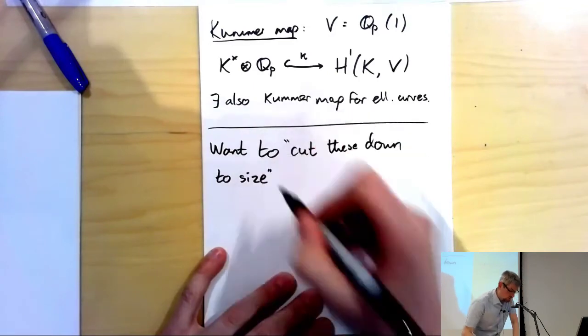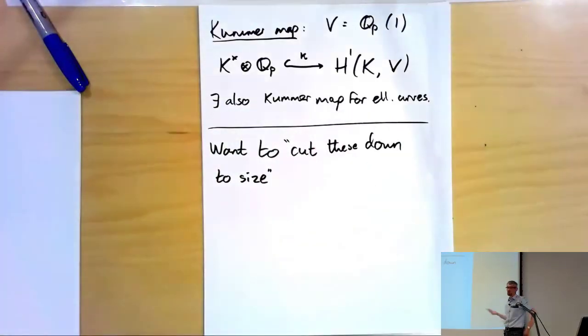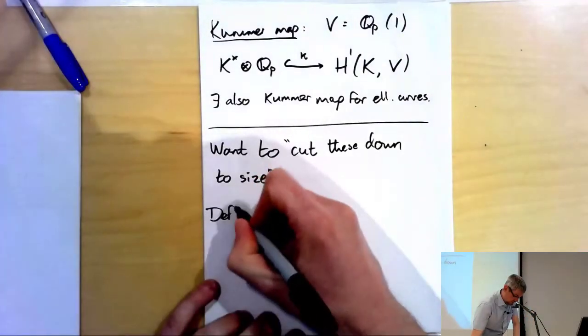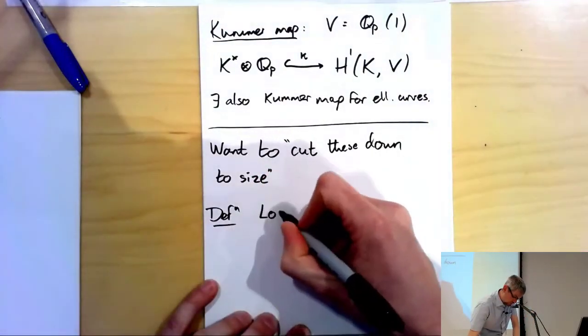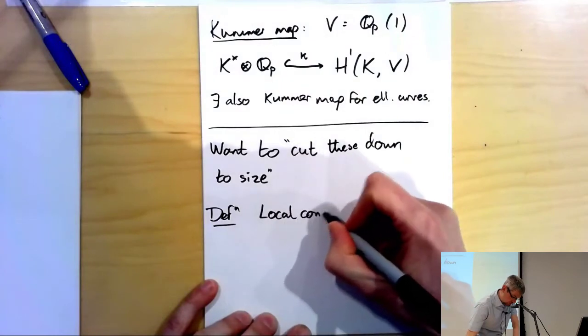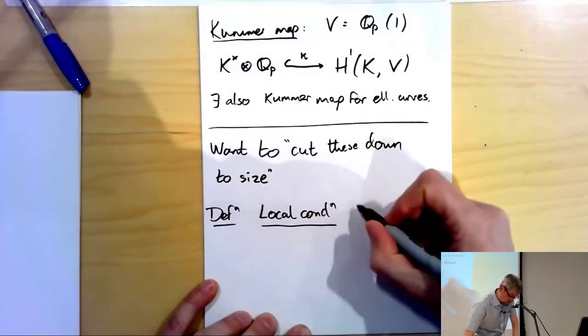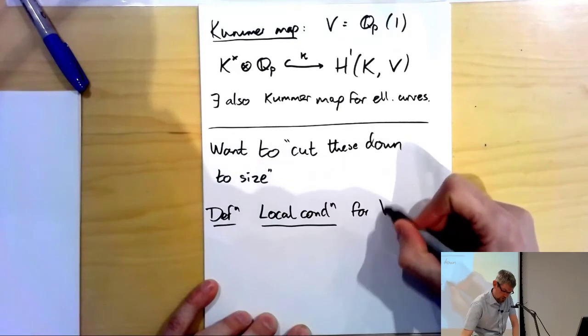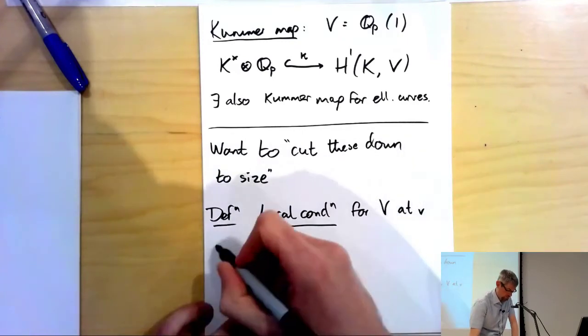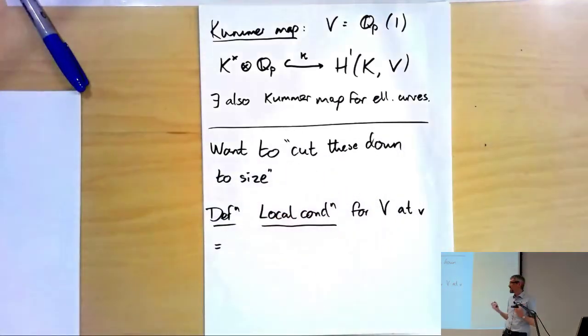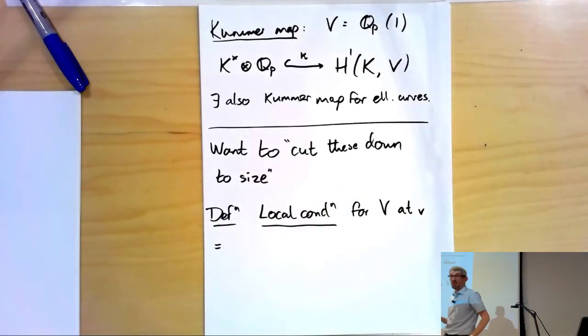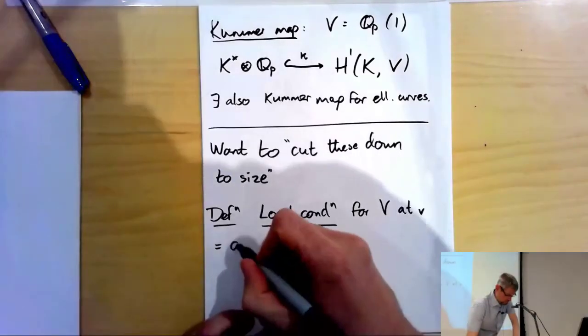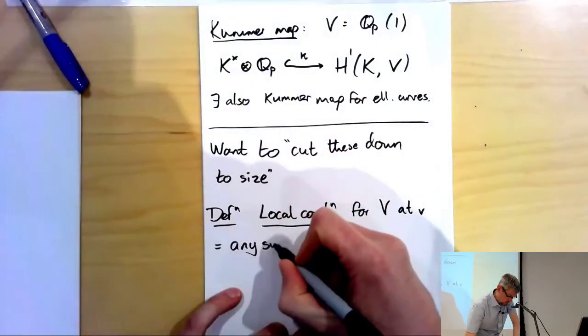So what we're going to do is impose conditions locally at each prime. A local condition for V at a prime v is just going to be any subspace of the local cohomology group. You can take Galois cohomology for local fields as well.